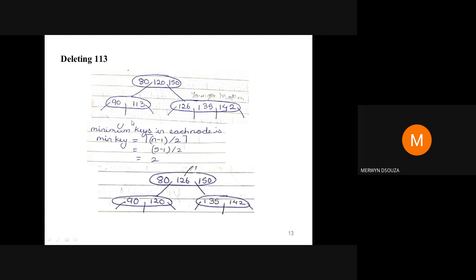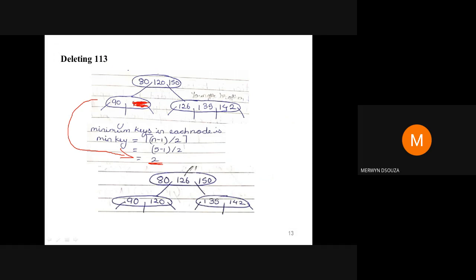In the next slide you can see we have calculated the minimum number of keys for order 5. The minimum number of keys that should be present in each node is at least 2. Now if we delete this 113, you can see that it violates this condition. We are not left with 2 keys in that node.